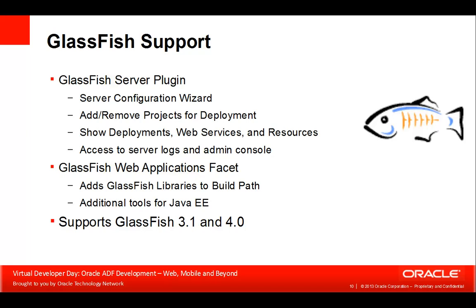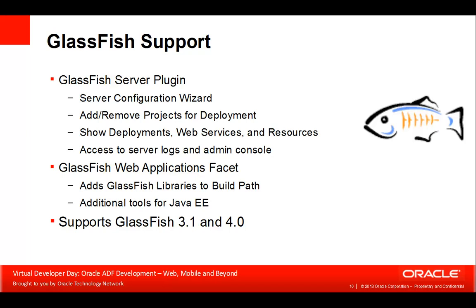In addition, we have the GlassFish web application facet, which is another facet brought to the Eclipse tool itself. If we enable the GlassFish web app facet, it adds the GlassFish libraries to our build path and sets up tools for Java EE.